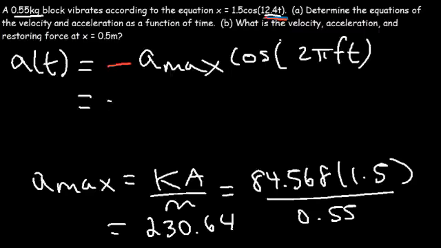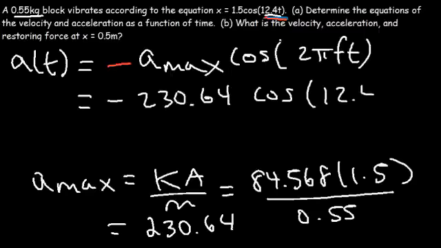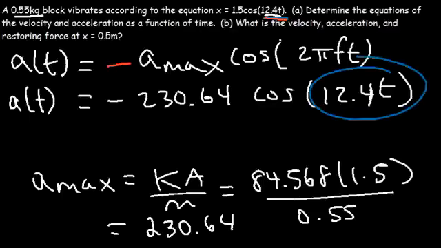So that's going to be negative 230.64 cosine 12.4 t. So if you have the position function, it's not that difficult to write the velocity function and the acceleration function. You need to know the generic equation. This part is going to stay the same. And you need to know the equations to find the maximum velocity and the maximum acceleration.